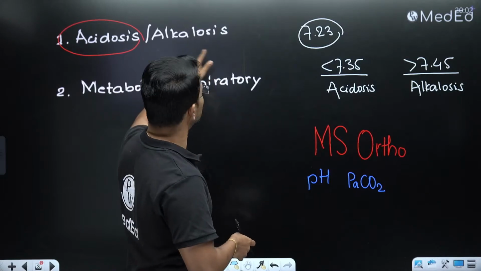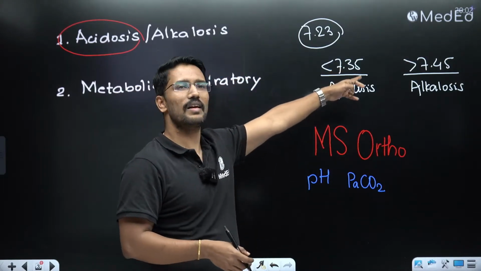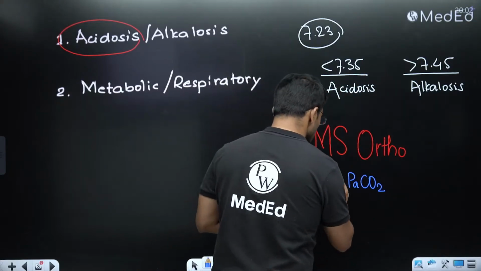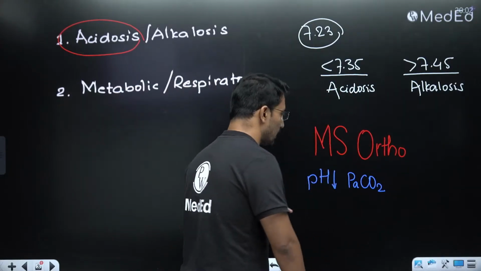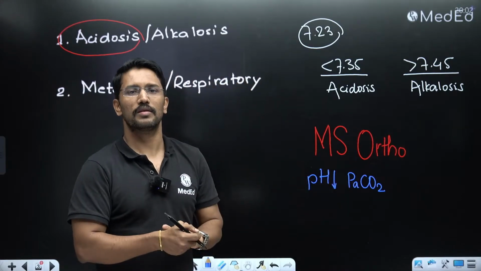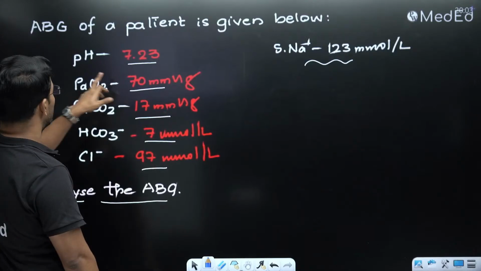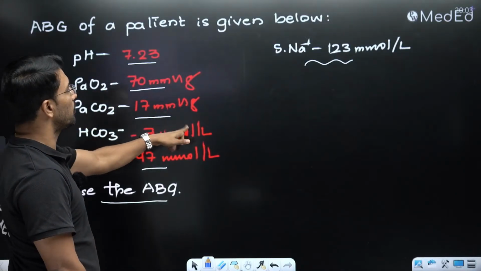In this case, the pH is decreased, less than the normal range of 7.35 to 7.45. What is happening to PaCO2? PaCO2 is 17 millimeters of mercury.